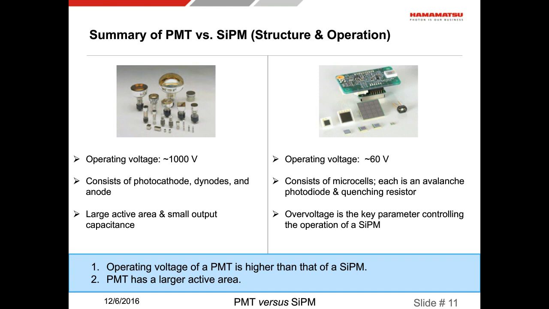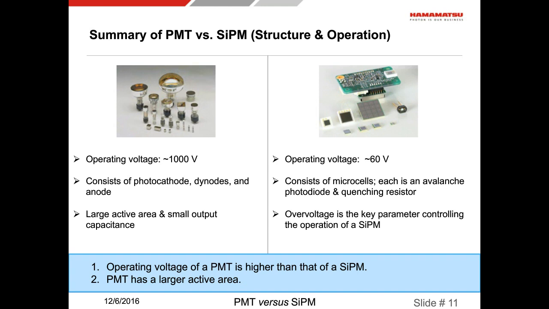Every PMT will have a photocathode, some number of dynodes, which incidentally come in a variety of geometrical shapes and designs, and an anode. In case of the SiPM, each SiPM consists of microcells. Each microcell is an avalanche photodiode in series with a quenching resistor. And what's important is that these microcells are connected in parallel.